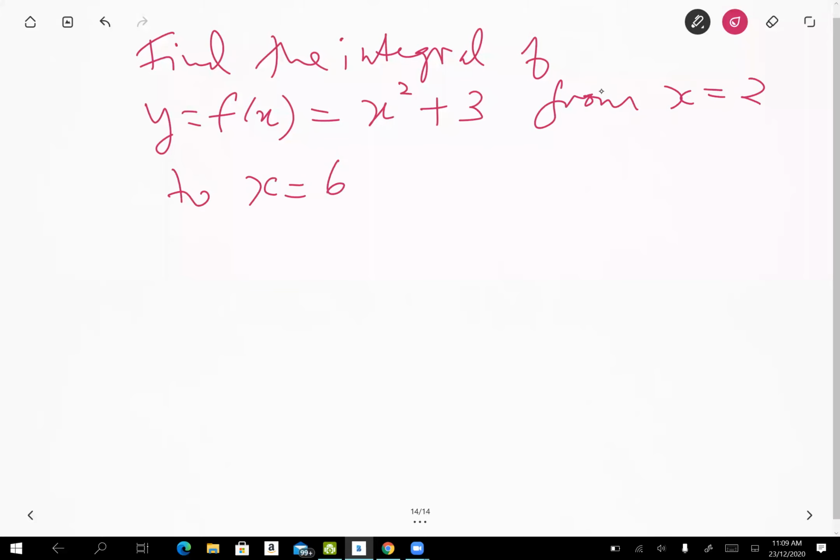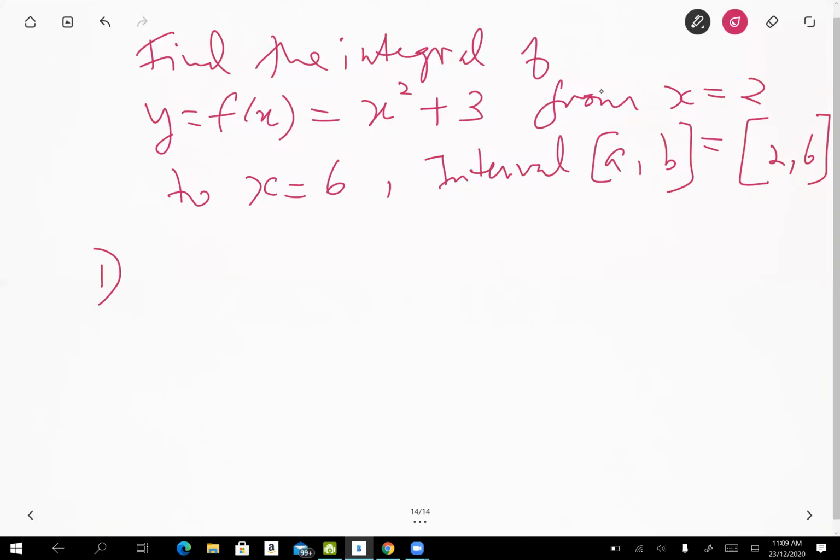So in other words, the interval AB is equal to 2, 6. This is what I want you to do first. Just follow what I ask you. Number one, sketch the function on a graph so that you know how the curve looks like.